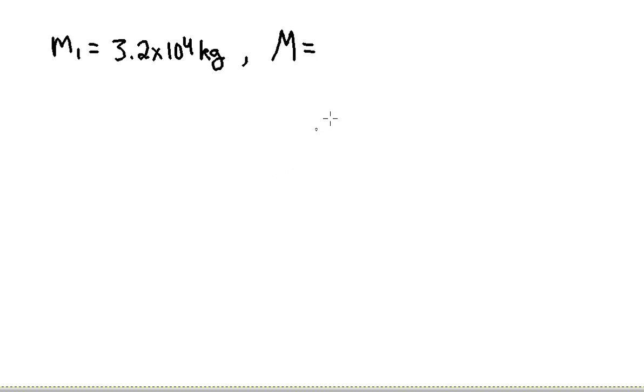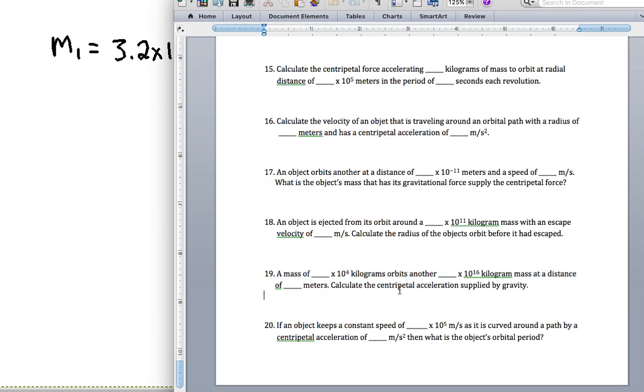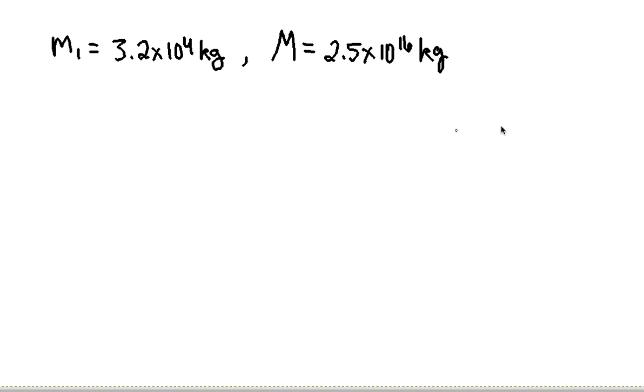So this one has a mass of something times 10 to the 16, let's say 2.5 times 10 to the 16 kilograms. Okay, and then at a distance of blank meters, so let's go with 250 meters.